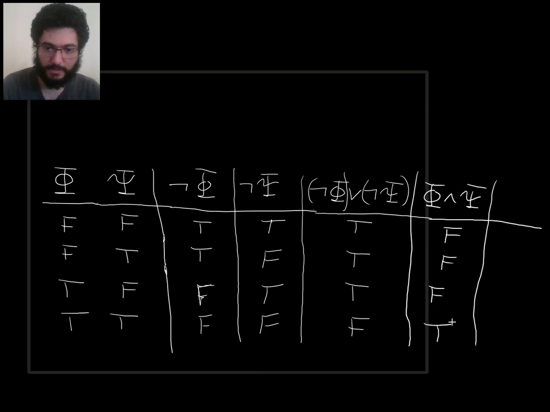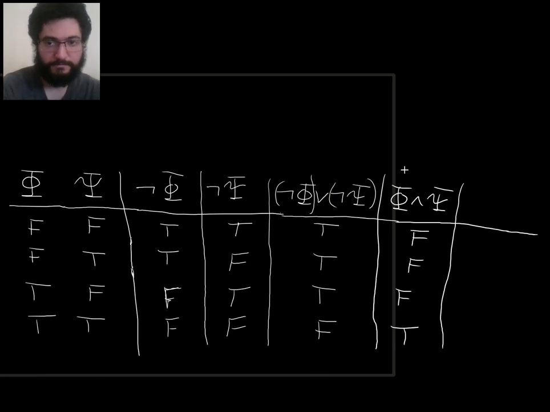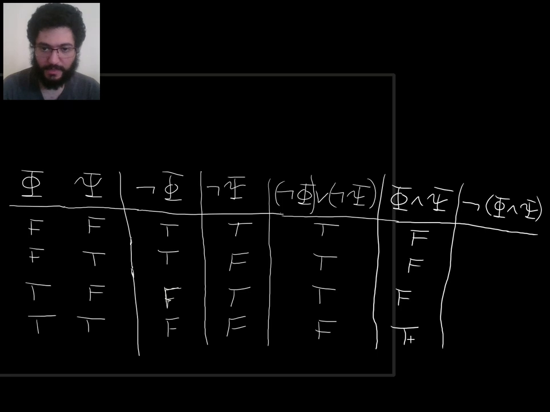And true was the only way to get true. And then I want to look at the negation of that, so not phi and psi. That would be basically take what you see here and then negate it. In the case that phi and psi is false, not phi and psi ends up being true. False goes to true, false goes to true, true goes to false.